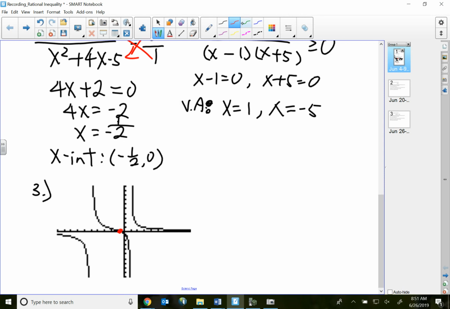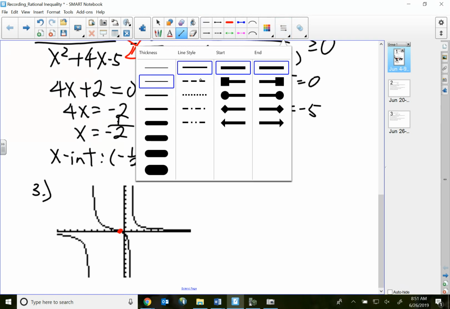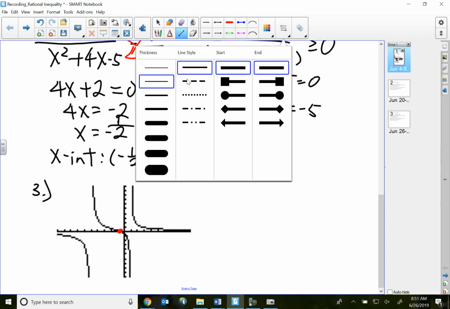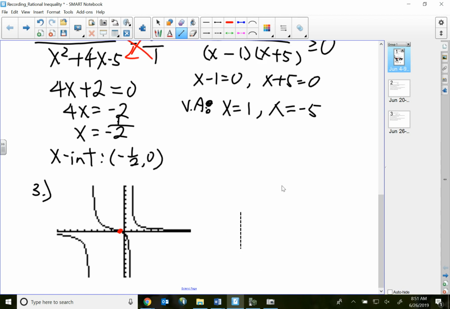Your vertical asymptotes. Let me use a little bit thinner. x equals 1, that's right here.